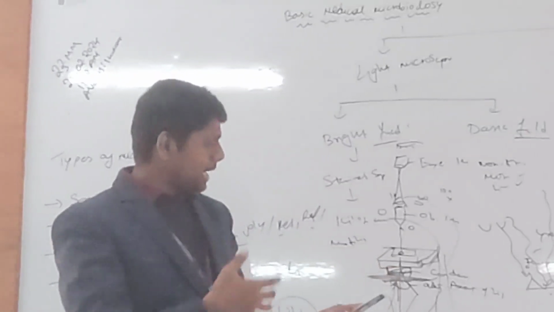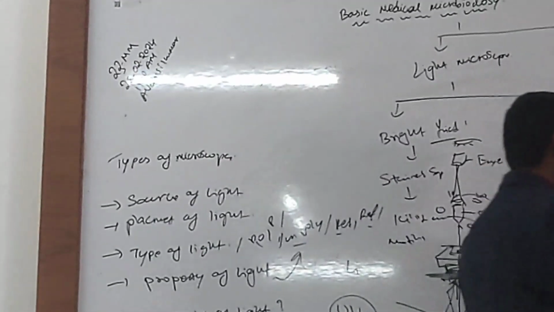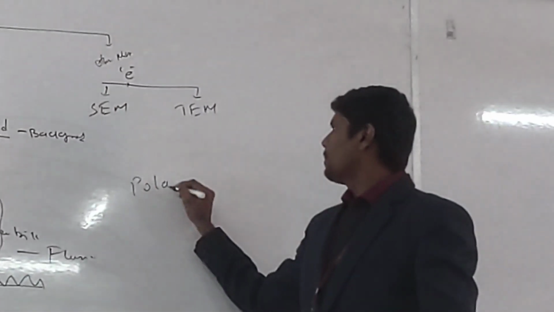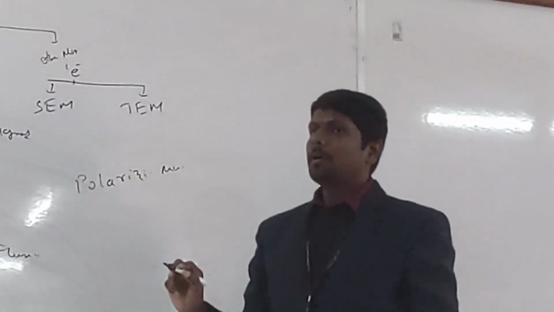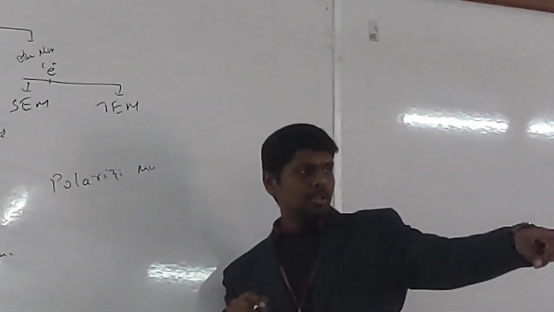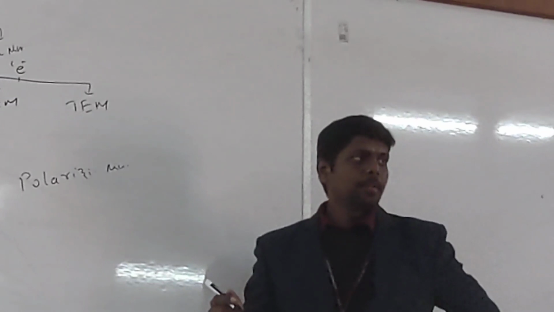Then, there are other interesting things about other microscopies. I will tell another one. Now I will discuss the polarizing microscope. Polarizing microscopy. Polarizing microscope, there is one more microscope. Through your notes, tell me students other types. Polarizing microscopes, then?